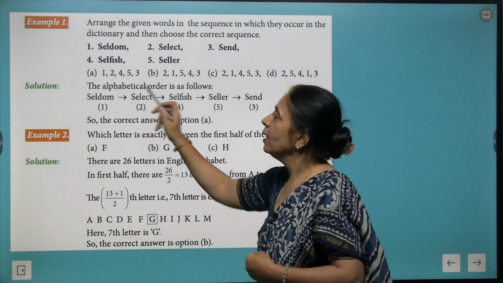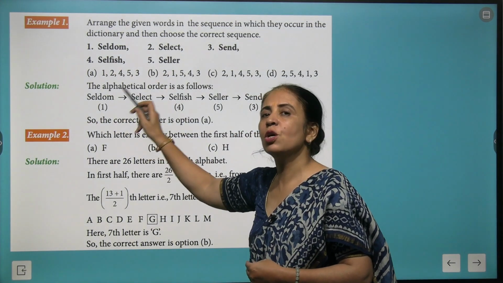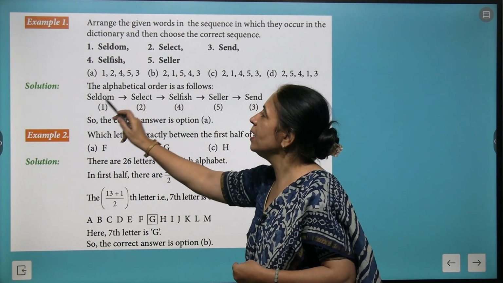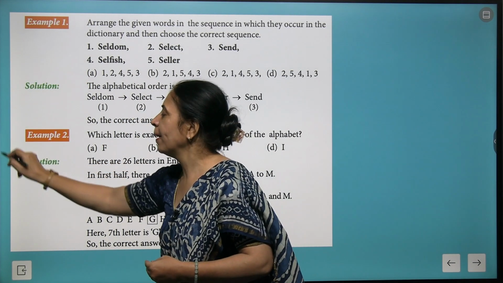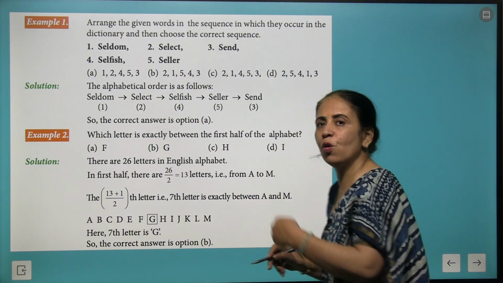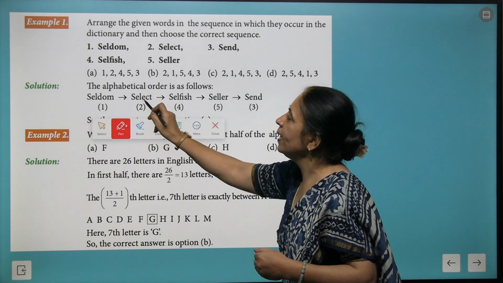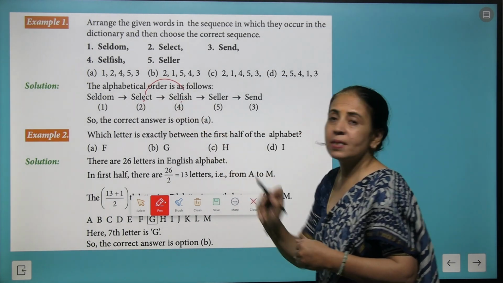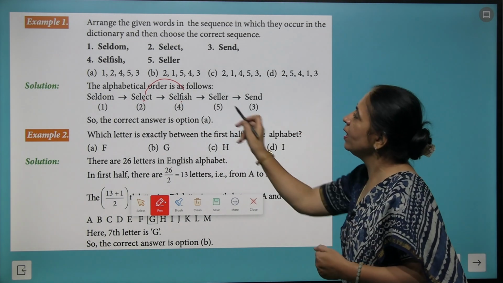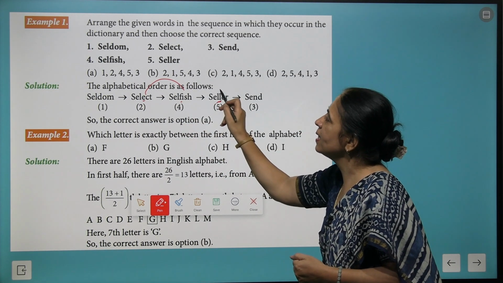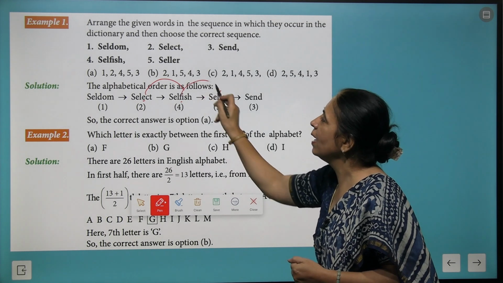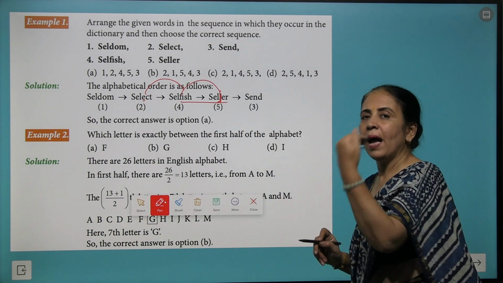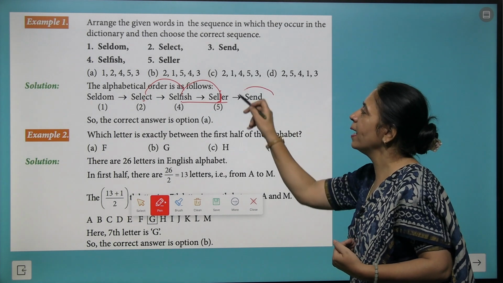What do you see? That seldom comes first, followed by select, right? Because D comes before E. That means seldom comes before select, and then E comes before F. So after select comes selfish, and then we say that this L comes after F. So we write the next word as seller, and after seller comes send.